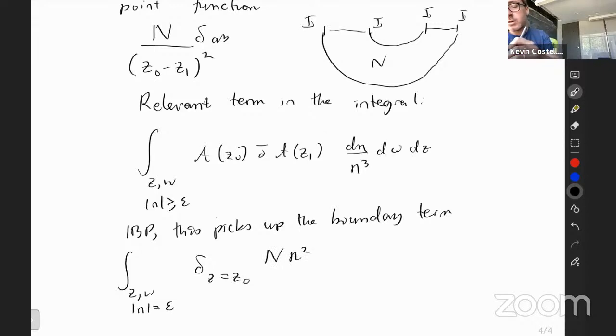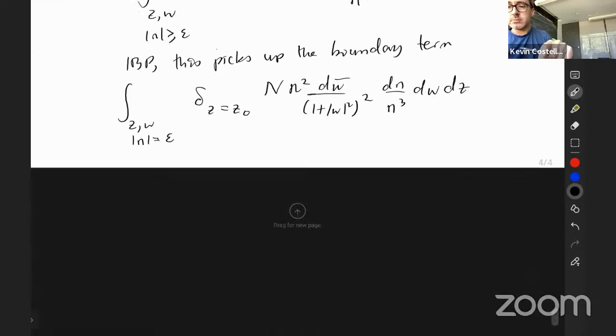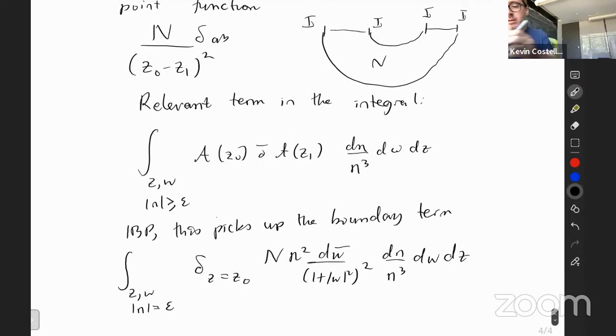And n squared dw bar over 1 plus w squared squared dn over n cubed dw dz. Oh, and I forgot a crucial term, which is 1 over z minus c1 squared. This term here really appeared originally over here.